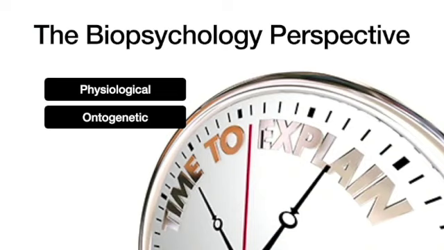Ontogenetic explanations are ones that we explain through the genome and its expression, either as a function of maturation or as a function of being triggered by a particular instance in life. So I can use myself as an example for this as well.